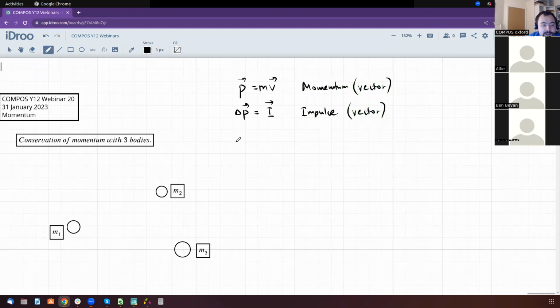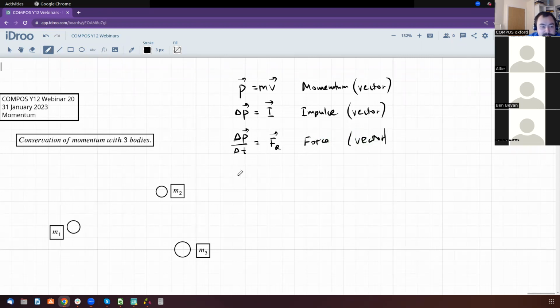Okay, and the change in momentum divided by change in time is force, which is the resultant force. This is another way of writing Newton's second law, which is force, also a vector, by all means.